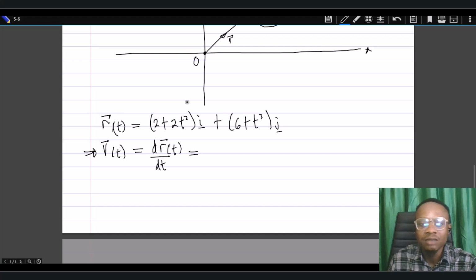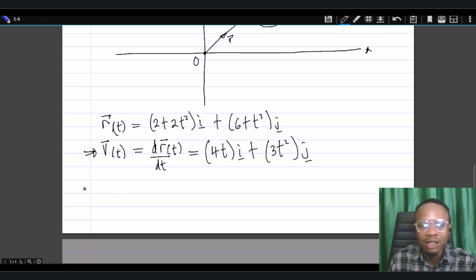And so we can just differentiate this with respect to time. When we do that, the derivative of 2 is 0 because that is a constant. Derivative of 2t squared, that is 4t i, plus the derivative of 6, which is 0, then plus the derivative of t cubed, which is 3t squared, and that is j.